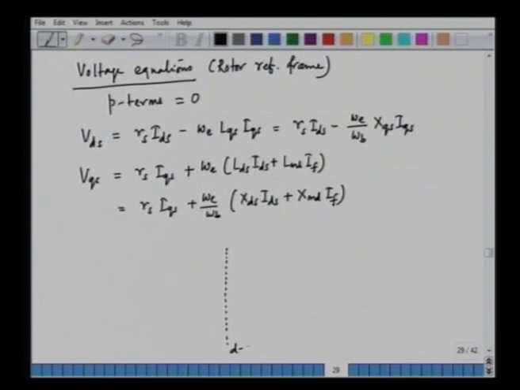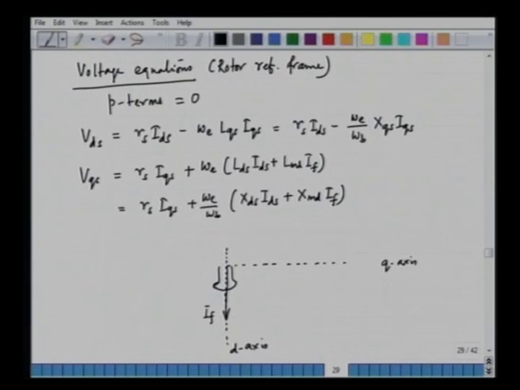We have distinct d axis and q axis. So this is our d axis and this is our q axis. And the d axis will have the field winding. So we can show that in terms of the field pole, and the field current is along the d axis. So we can say this to be If.